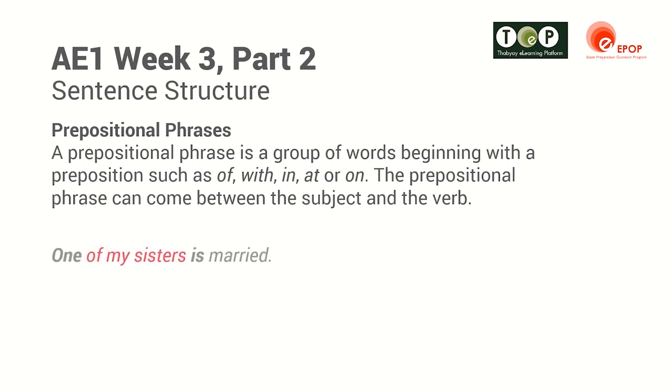So here's an example. One of my sisters is married. Okay, so in this case, when you see sisters, you think, oh, hold on, maybe this is plural. But actually, of my sisters is the prepositional phrase and is not the subject. And the subject is one. And of course, one is singular, and therefore the verb is also in the singular form, is.